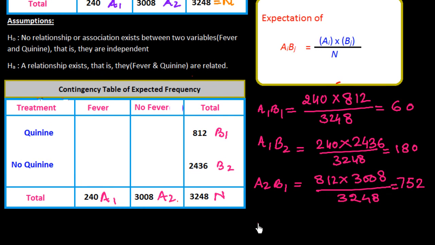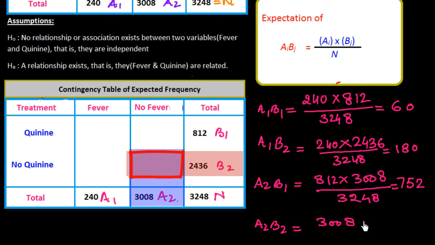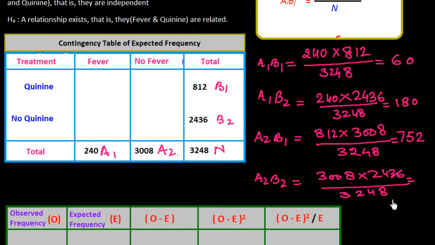And finally we get A2 B2, which is 3008 into 2436 over 3248. We have 2256.